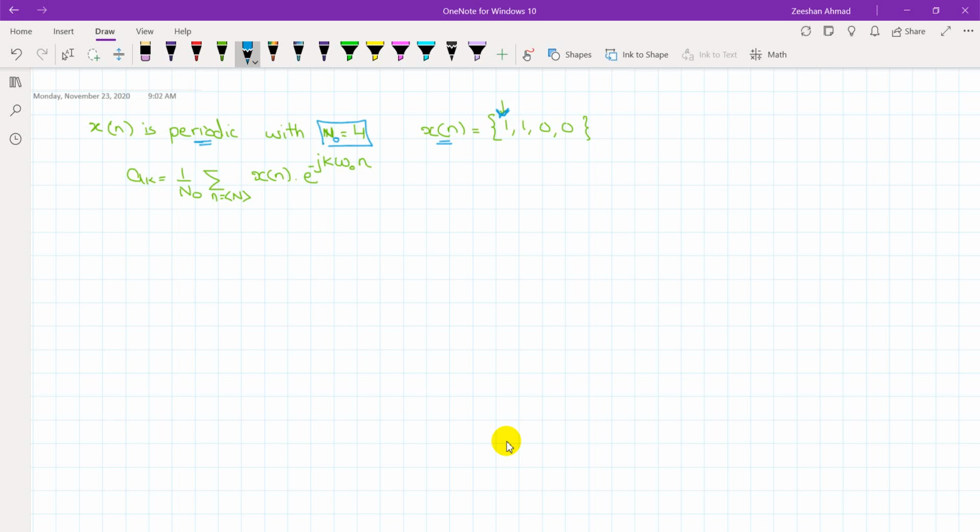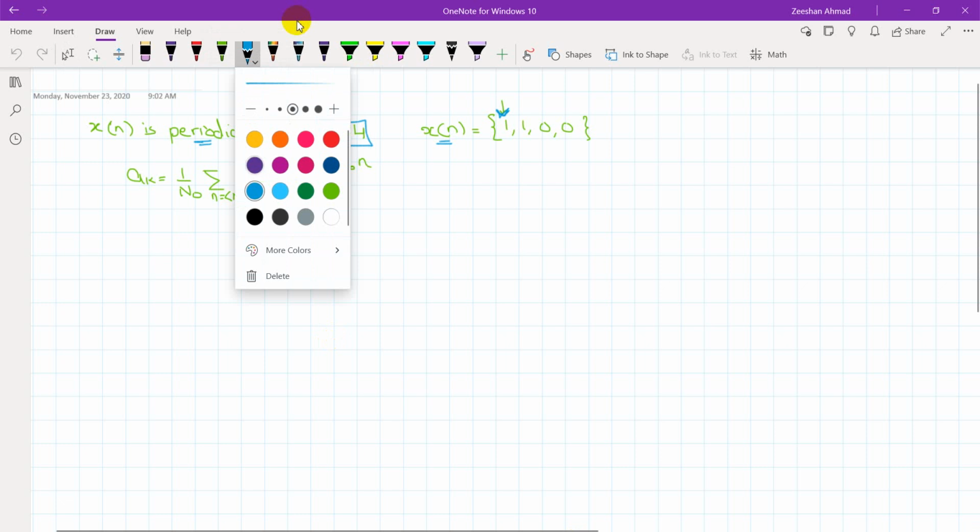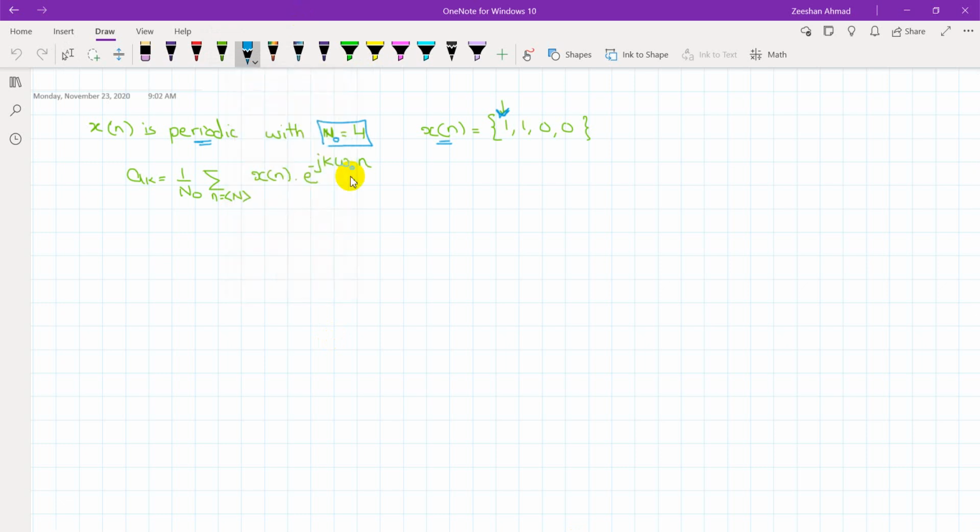Here the value of n starts from 0 and runs up to capital N minus 1, which means I have 4 values, so I will run from 0 to 3.